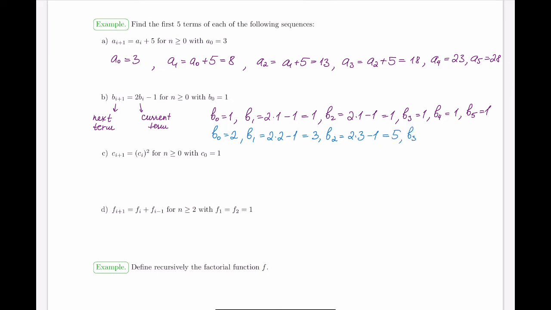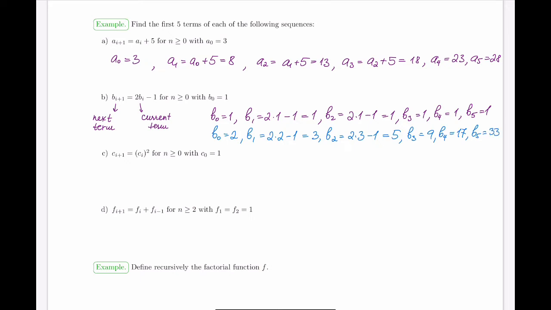The next term is the current one times 2 minus 1. So 5 times 2 minus 1 is 9. B4 is going to be the current term times 2 minus 1. 9 times 2 minus 1 is 17, and so on.